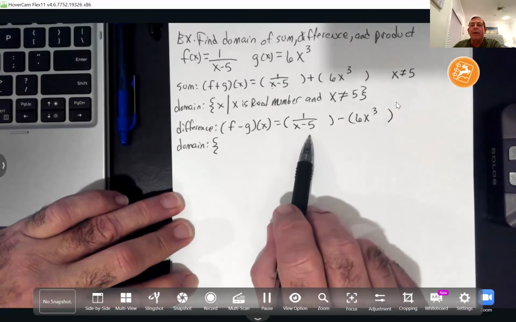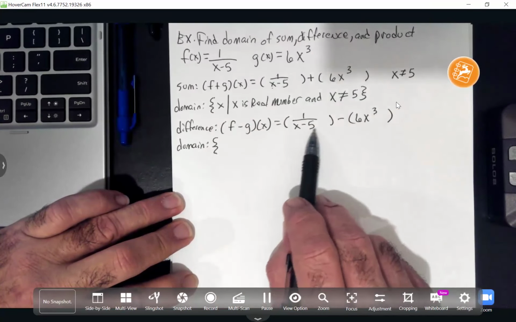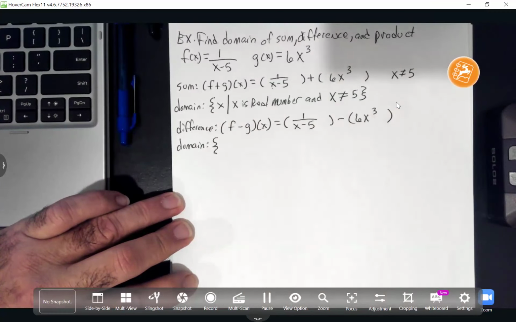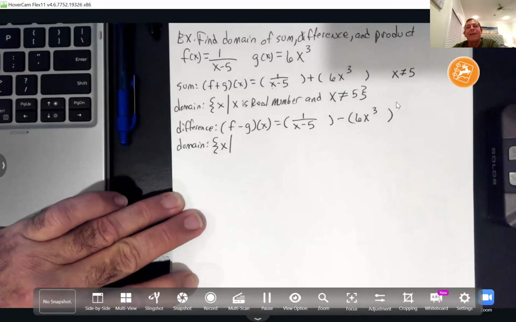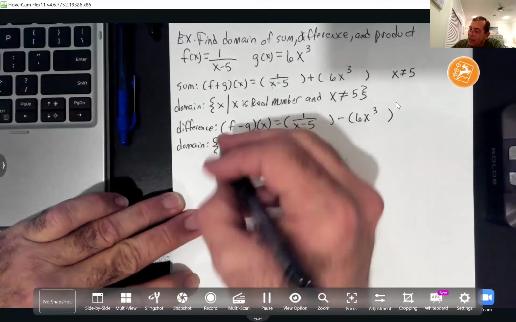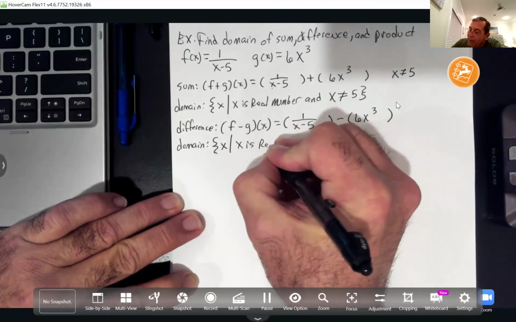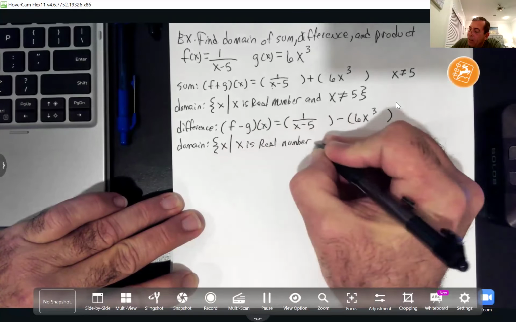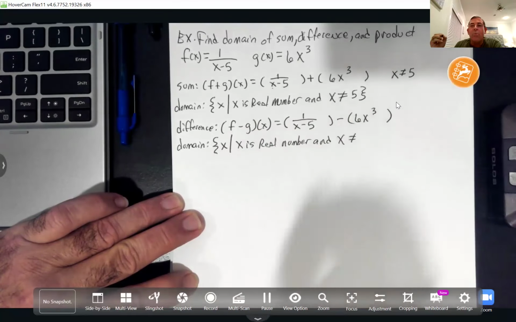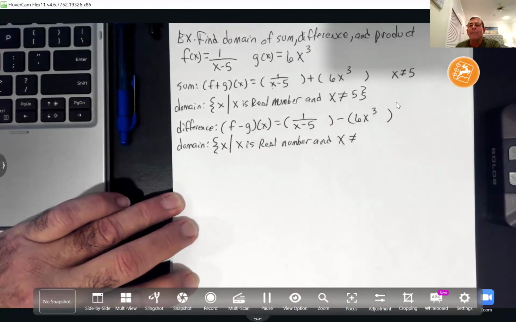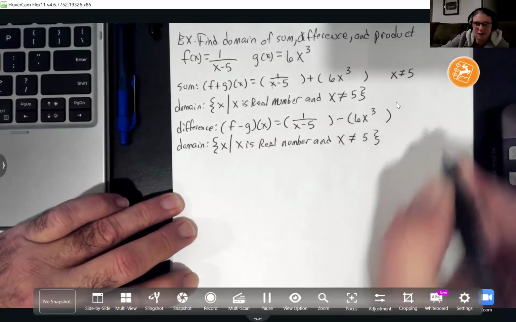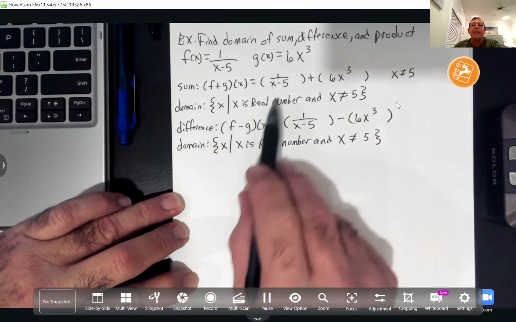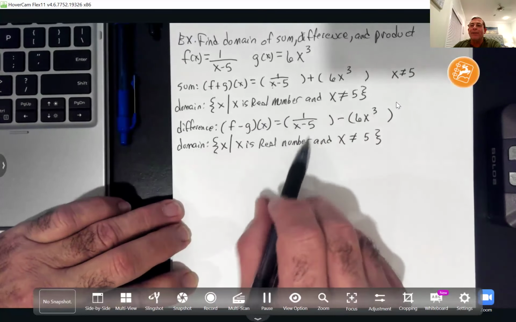Well, can that be all real numbers? No. So it's going to be x such that x is a real number. And y'all, x cannot equal what? 5. So look at that. Adding and subtracting still have the same domain, don't they?